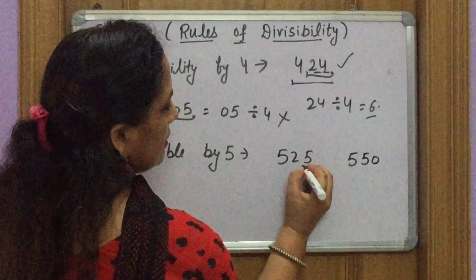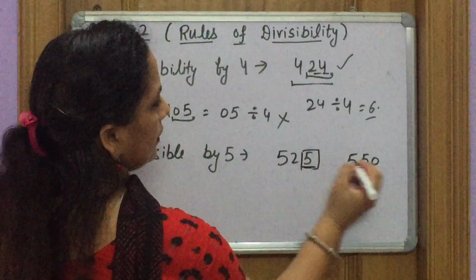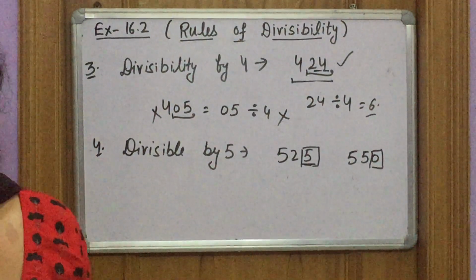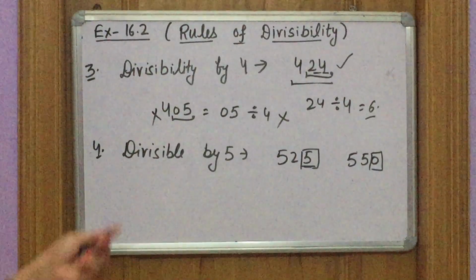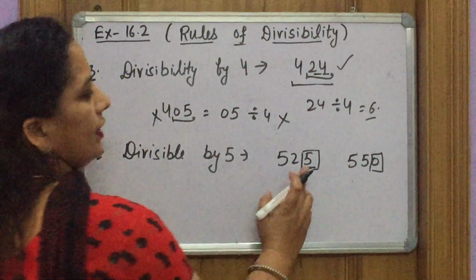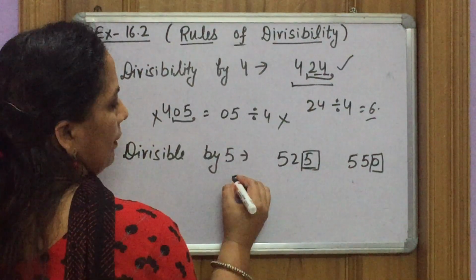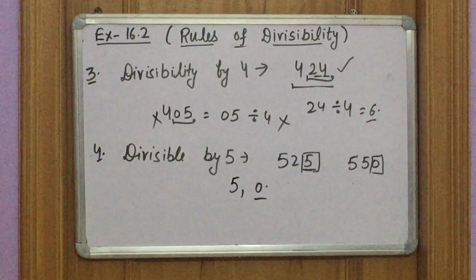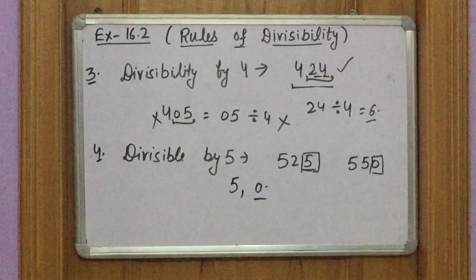Just check the last number. If last number is 5 or 0, then definitely this number will be divisible by 5. Just check the last number. If it will be 5 or 0, then this number is definitely divisible by 5.